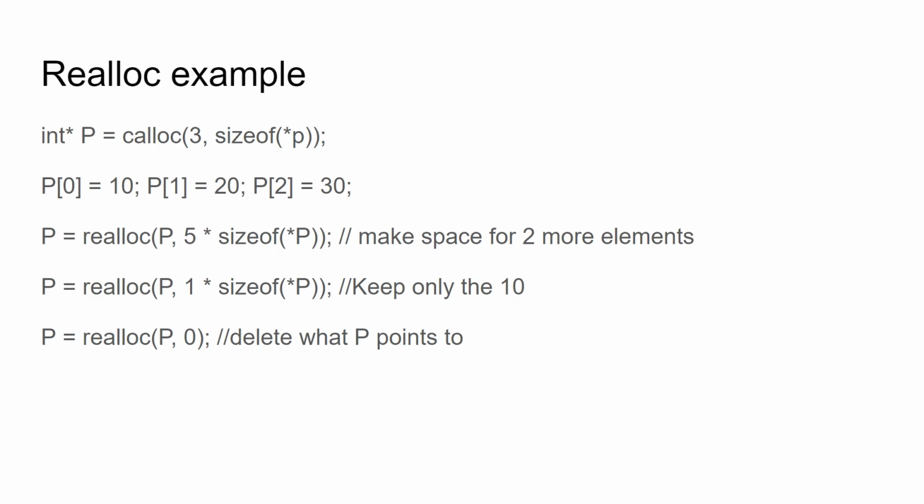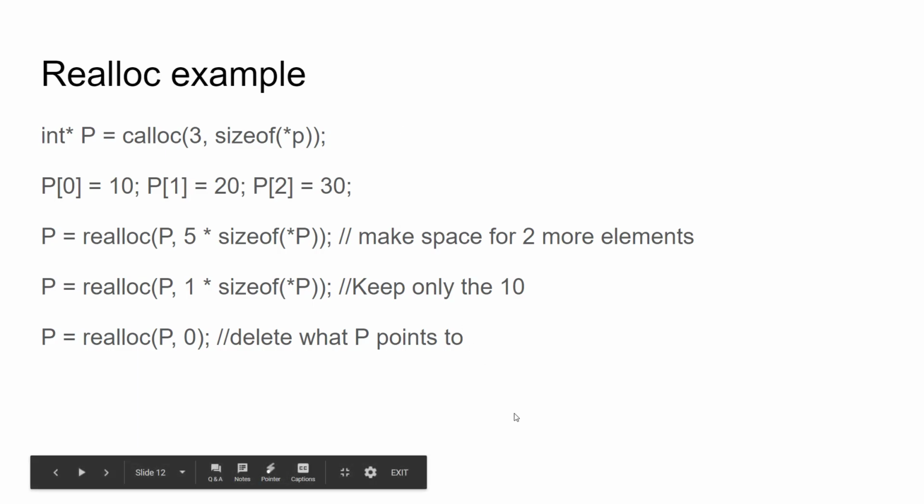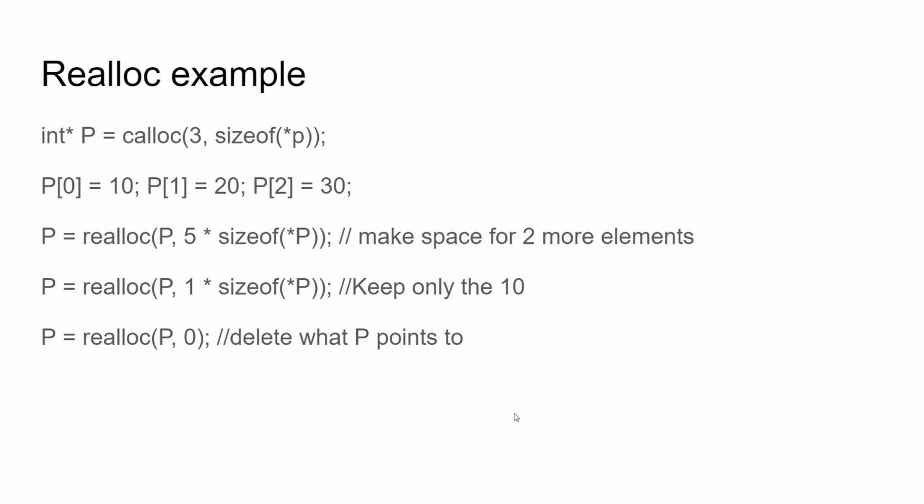And it's a really easy way to understand what sizeof does. Remember, sizeof evaluates the type of the expression. So the sizeof P is the size of whatever P's type is, an integer pointer. So the sizeof P after every single one of these lines is exactly the same. It's the size of 1 integer pointer.